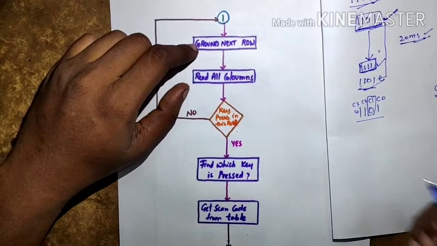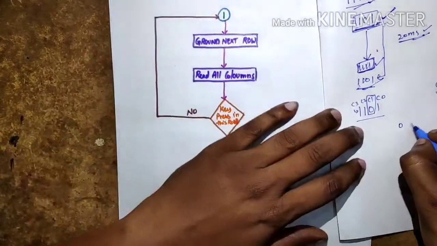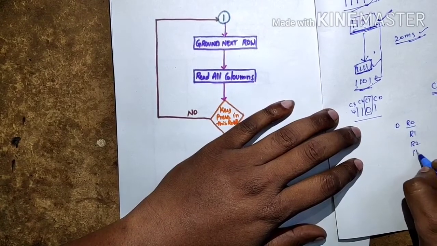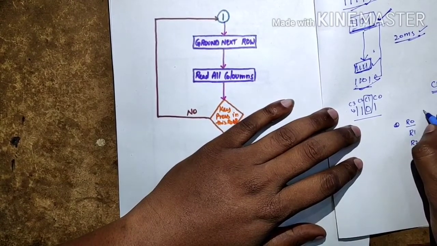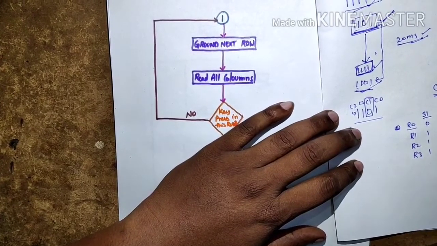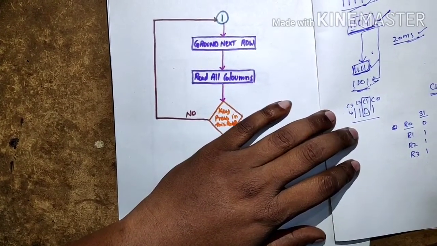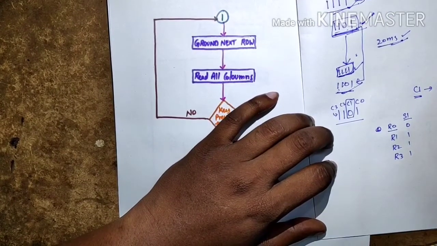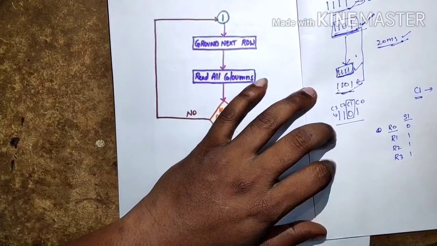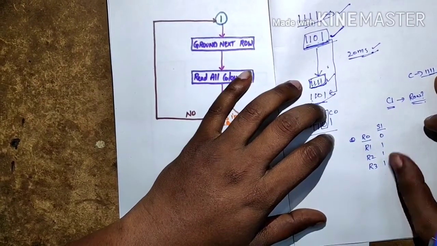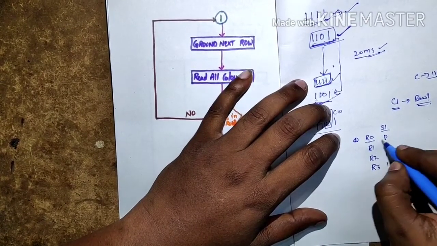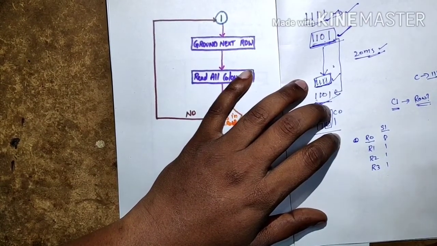Initially, we will make R0 0, and R1, R2 and R3 ones. In step 1, we make this one 0 and all the remaining rows ones, and we check the column values. Here again the column values will be all ones. Whenever the key belongs to row 0, there will be a change in the column.